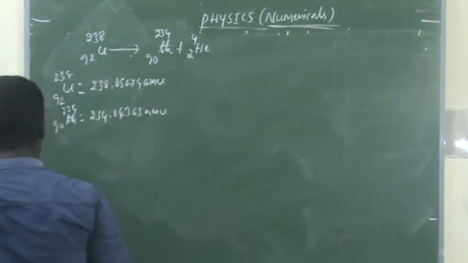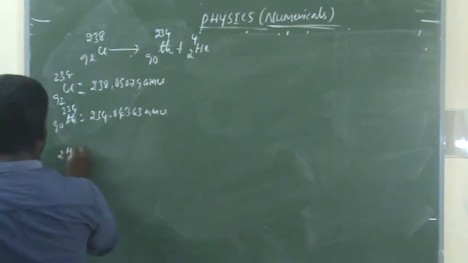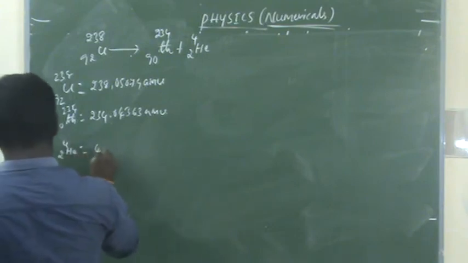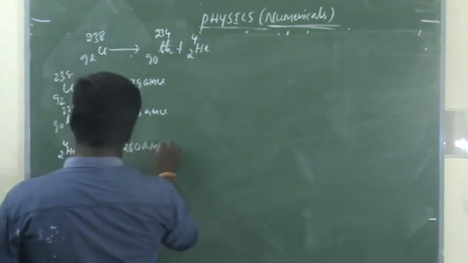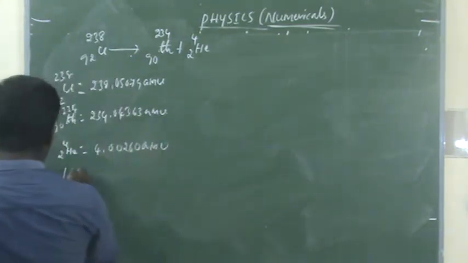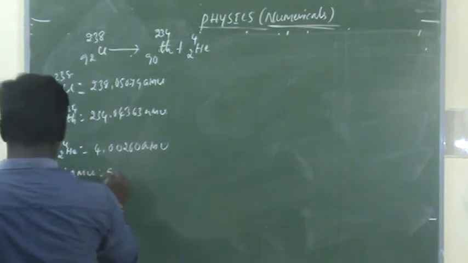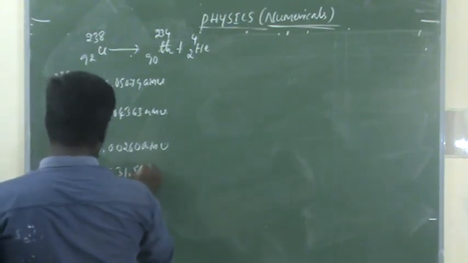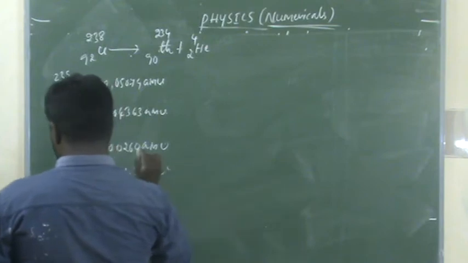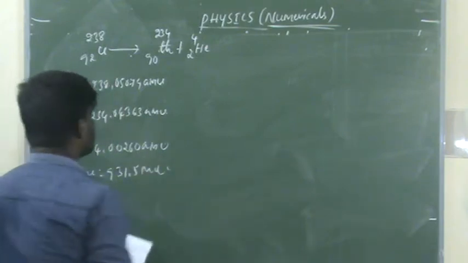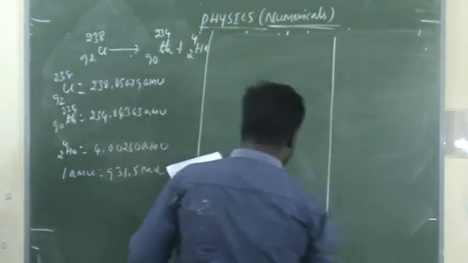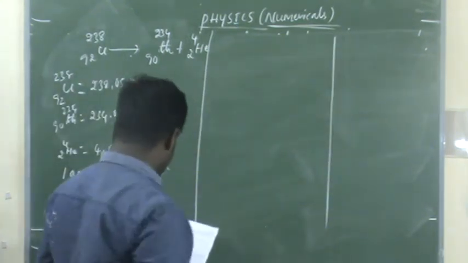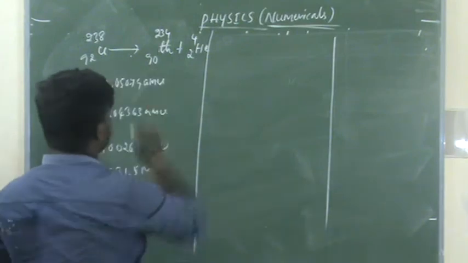Atomic mass of helium 2 helium 4 is 4.00260 atomic mass unit. Here one atomic mass unit is equals to 931.5 mega electron volt. So this is the equation.